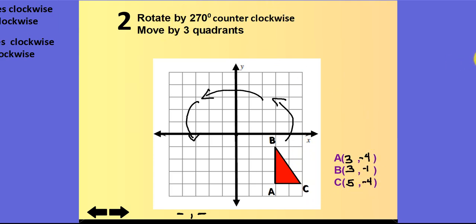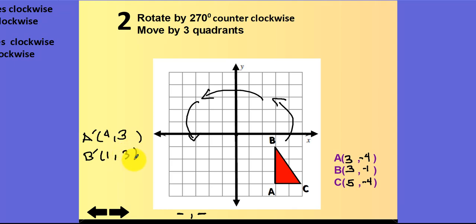Alright, for 270, same thing with 90, we have to forget about the signs and then switch your X and Y. So for your A prime, we have here 3, 4. It will become 4, 3. My B prime, 3, 1. It will become 1, 3.